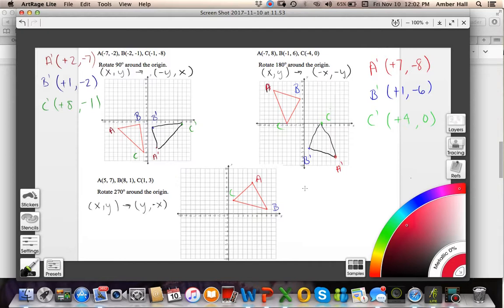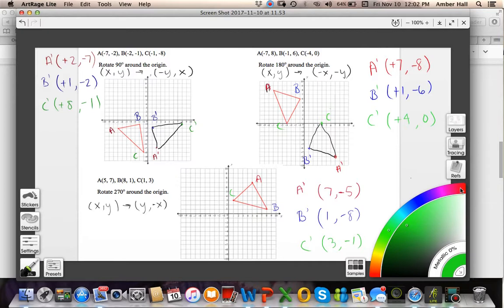A started as 5, 7. So A prime, we're going to switch the values, 7, 5, and change the sign of x. For B, change the sign of our second value. B prime was 8, 1, now it's 1, negative 8. C prime, it was 1, 3, now it is 3, negative 1, and we graph.